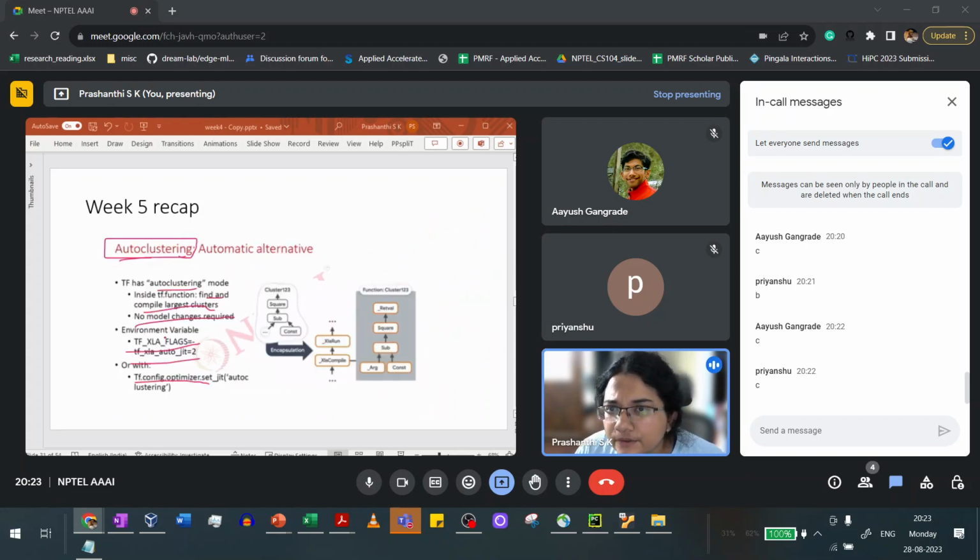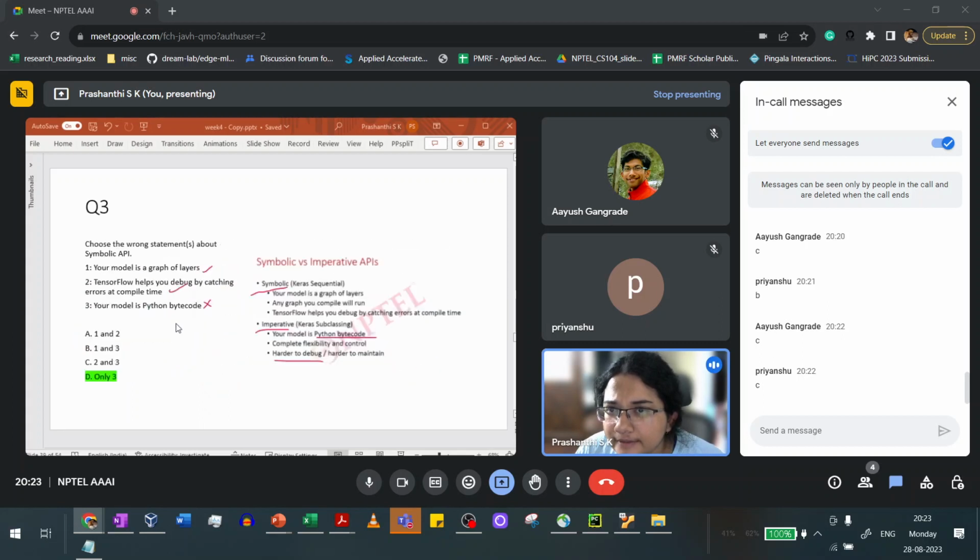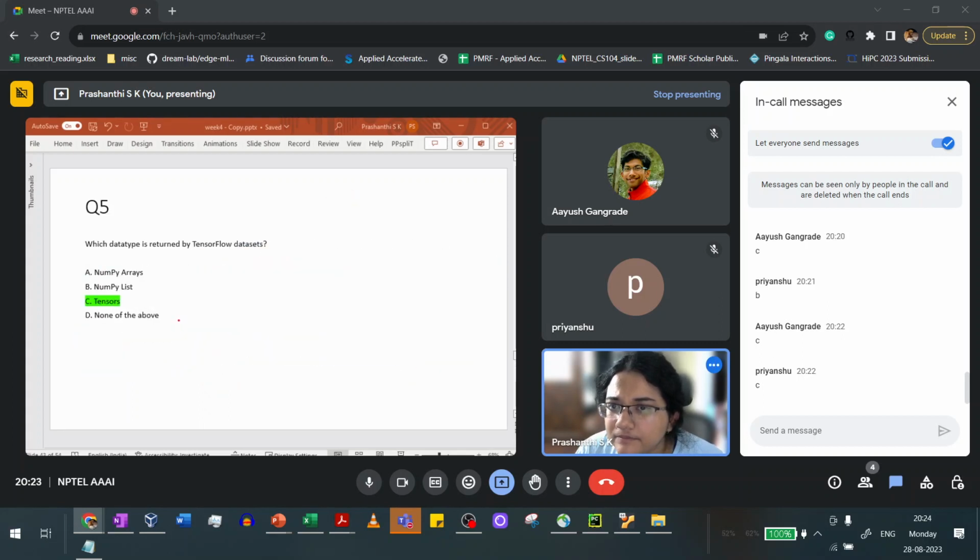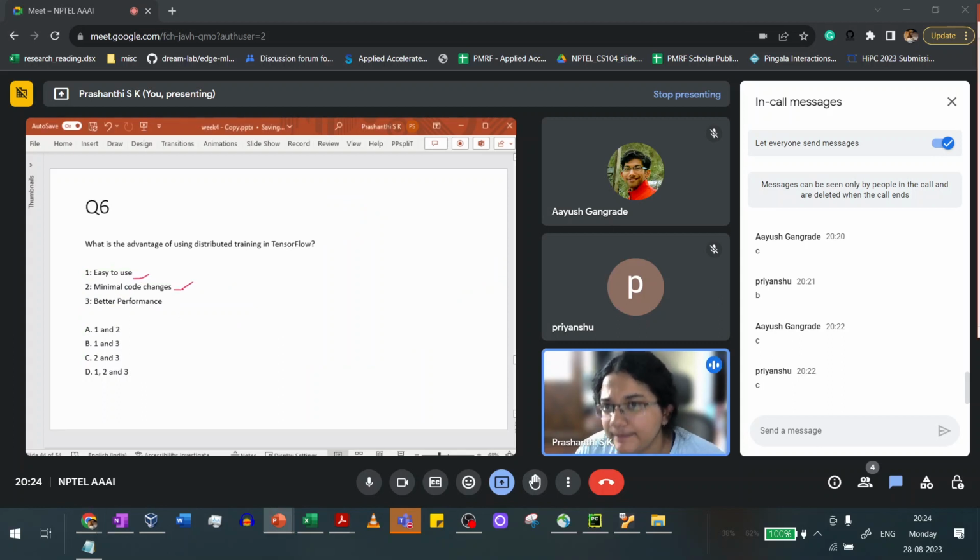So if you go back to the question, easy to use, minimal code changes and better performance, so D is your correct answer. It has to be easy to use from a framework perspective. If it's very difficult to use, even if it's 2 lines of code that are very difficult for you to write, would you consider it an advantage? Is this one also clear?